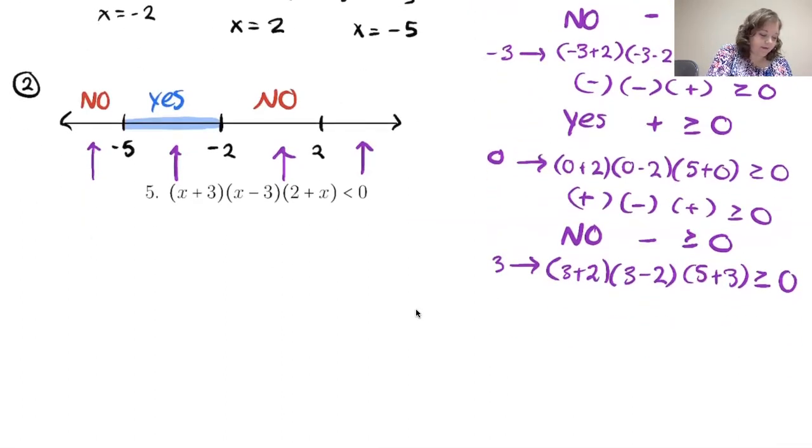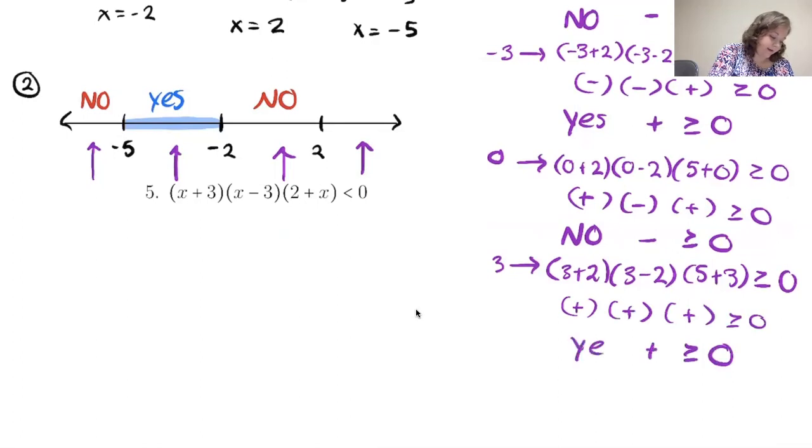And then 3 plus 2 is positive, 3 minus 2 is positive, and 5 plus 3 is positive. So positive times positive is positive, which is greater than or equal to 0. So that one is a yes. And so we'll go ahead and shade that interval too.